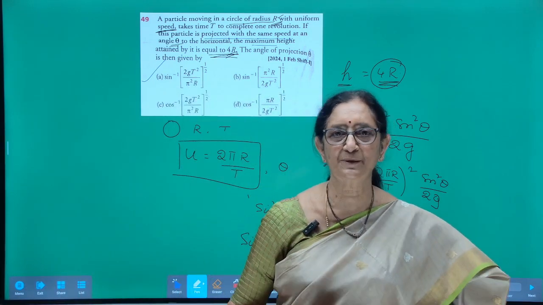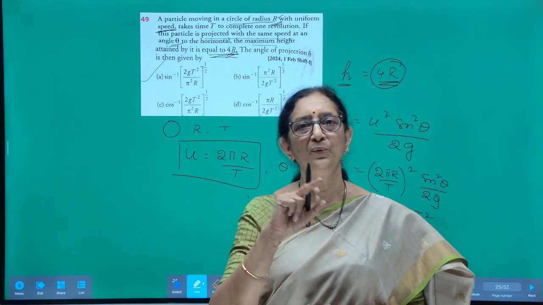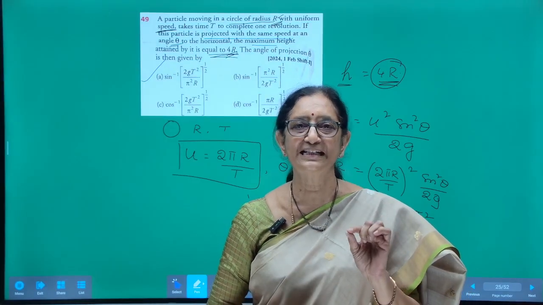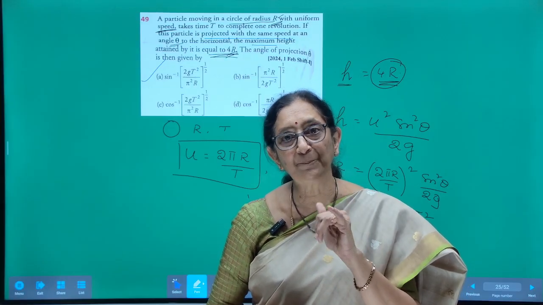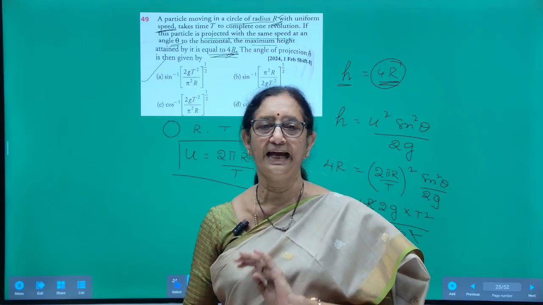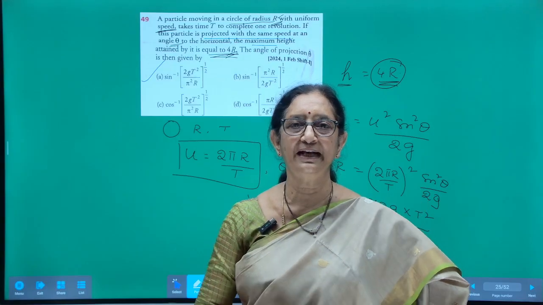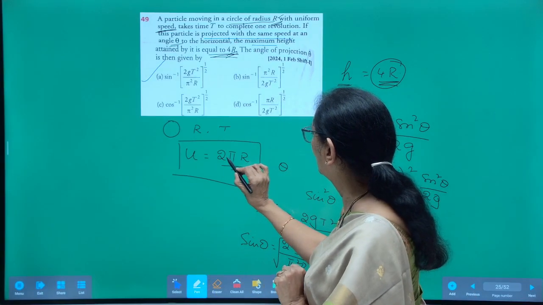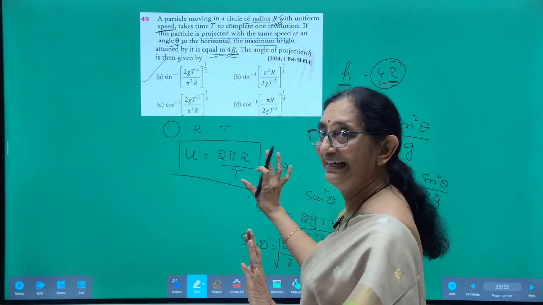Look here, I am explaining that once again. A particle is moving in a circular path of radius r with constant speed, and completes one revolution in time t. With the same speed, it is projected at an angle theta. So, the speed is 2 pi r by t, and angle of projection, leave it aside.